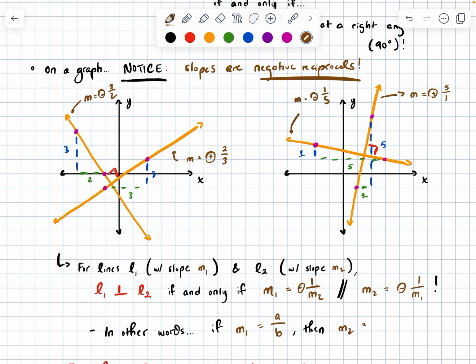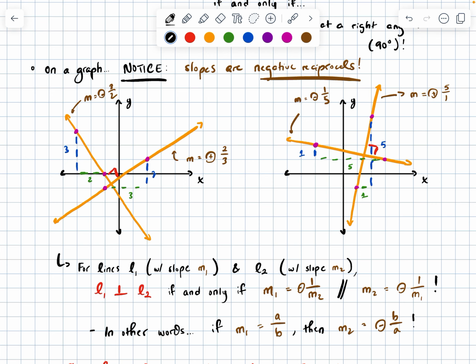What would that fraction need to be? Take 5 seconds, 4 seconds, 3 seconds, 2 seconds, 1 second. Very good. Well, I need to flip the sign, so it's going to go from positive to negative. I also need to flip the fraction, so I'm going to flip a over b to b over a.